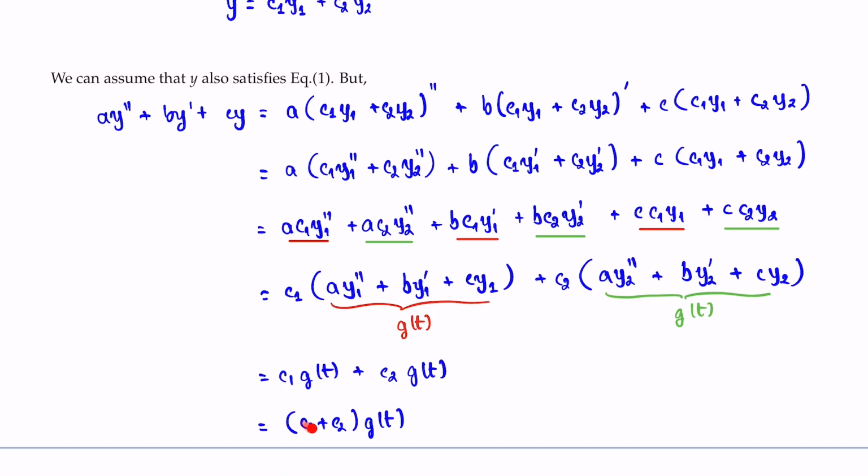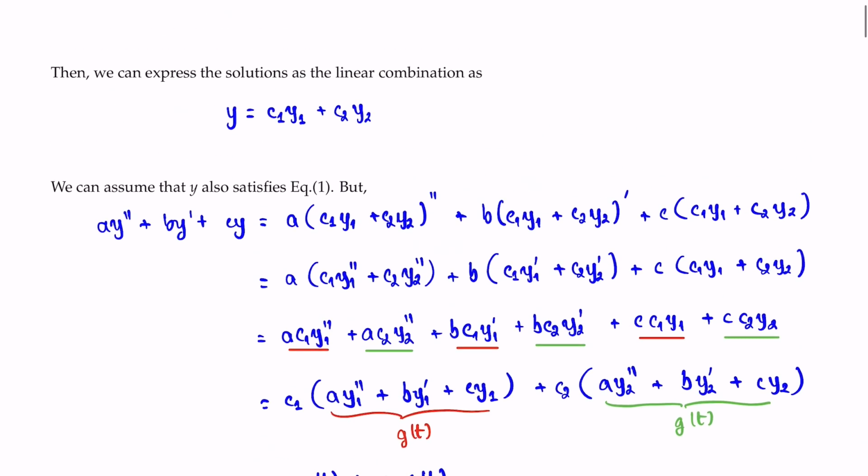However, the result gives you c1 plus c2 times g of t. And of course, there are some cases where c1 plus c2 equals 1 and the left-hand side does equal g of t. However, that's not the general case. Right? So in practice, it's not always going to happen that c1 plus c2 equals 1. And so we can claim that this is different from g of t.